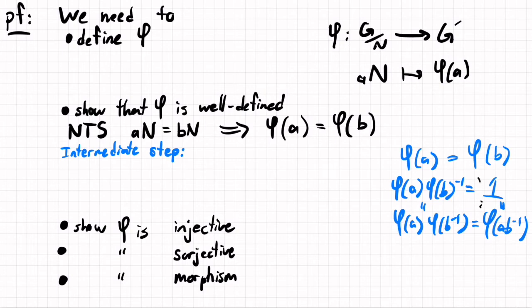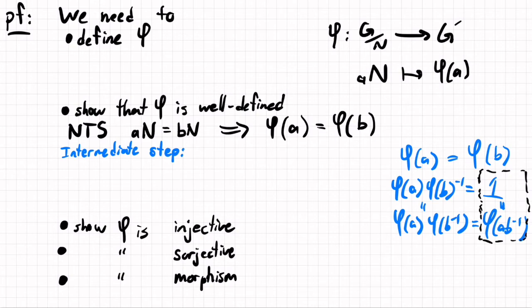And we draw a little box around this, because that's kind of important. The reason it's important is because now we've found something that's in the kernel, in particular ab inverse.